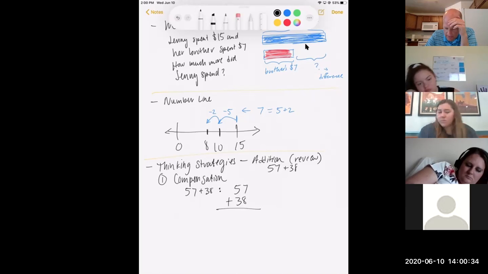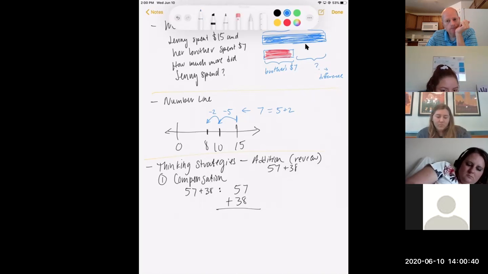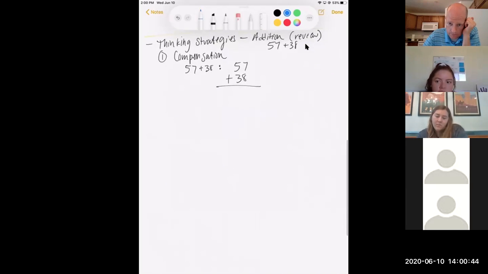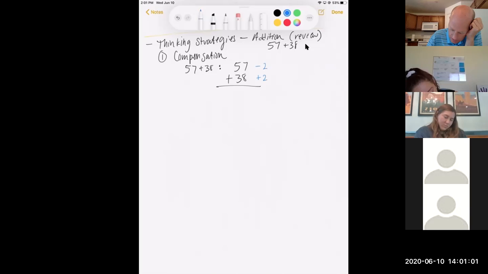Does anybody have any ideas of how I can adjust the numbers to make them easier? You would do 60 and 40. Okay, good. You're close. Let's go ahead and make the bottom one 40. So I'm going to add 2. And if I add 2 to the bottom number, I have to subtract 2 from the top number to make the sum the same. So you're going for easier numbers.